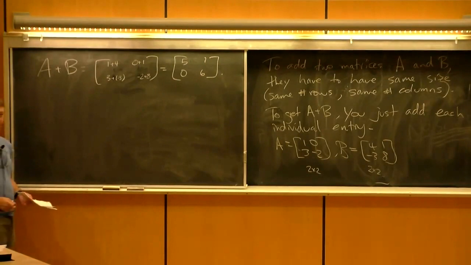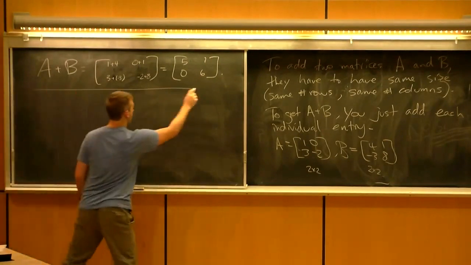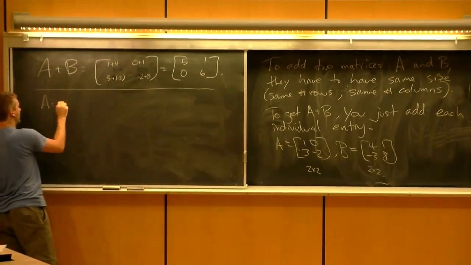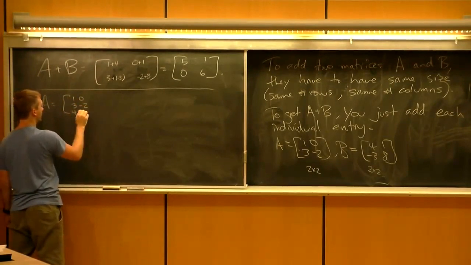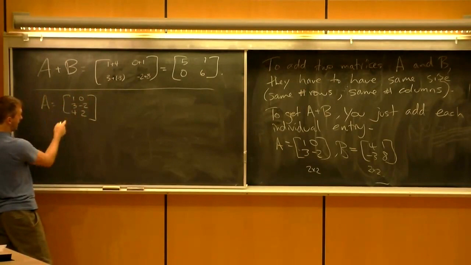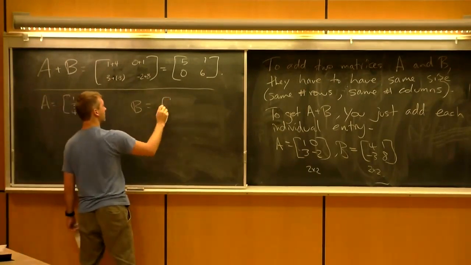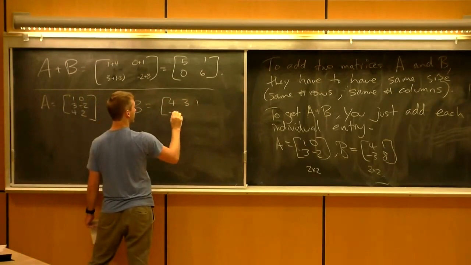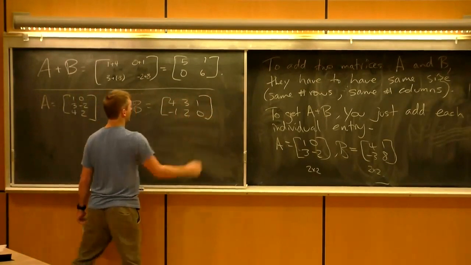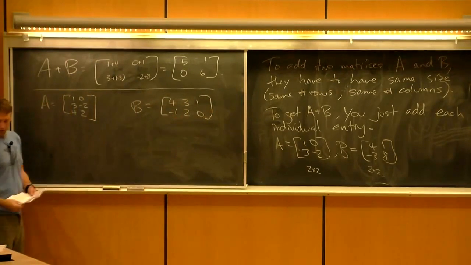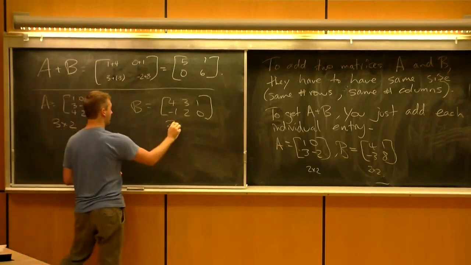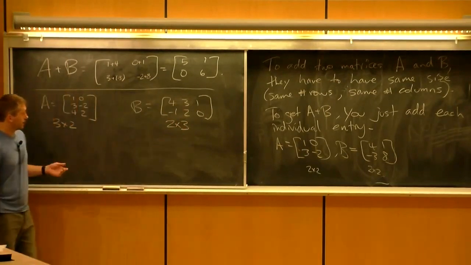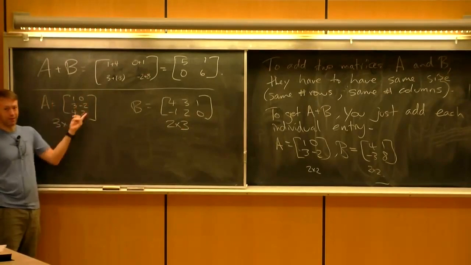However, as another example, let's say A is this matrix and B is this matrix. So this is a 3 by 2 matrix. This is a 2 by 3 matrix. If you think about it, they've got the same number of entries, each of them has 6 entries, but that's not good enough.